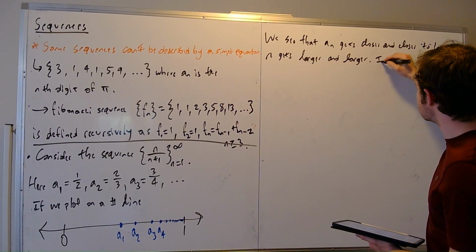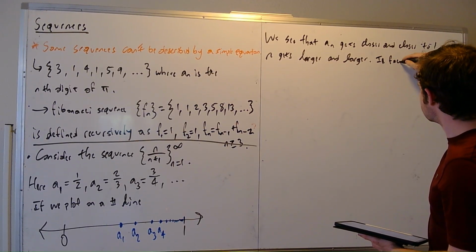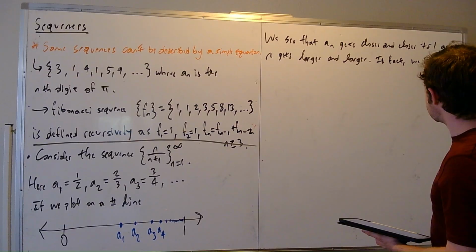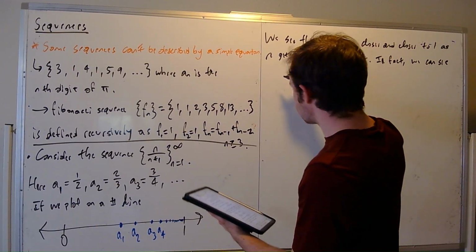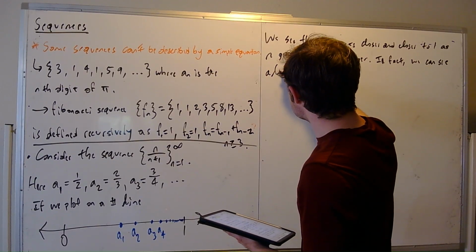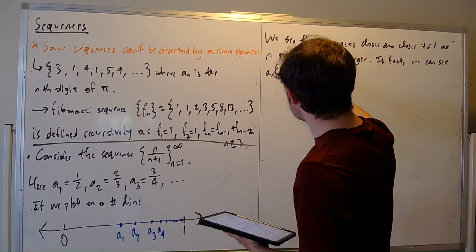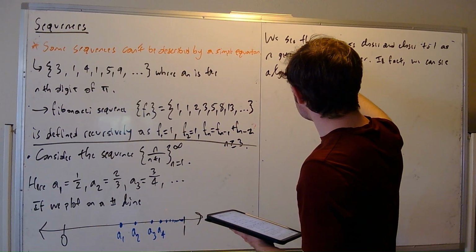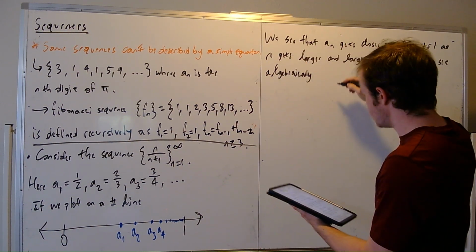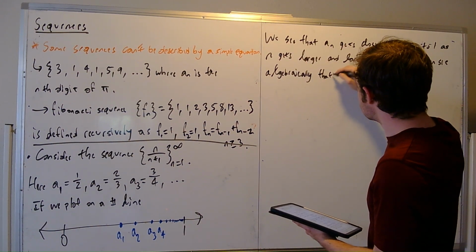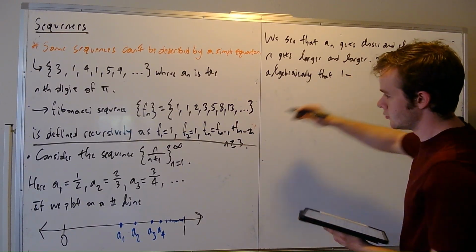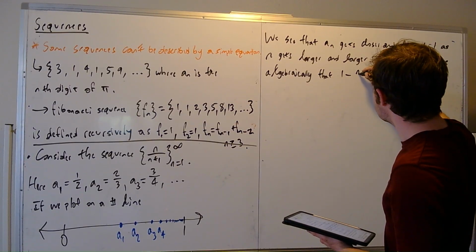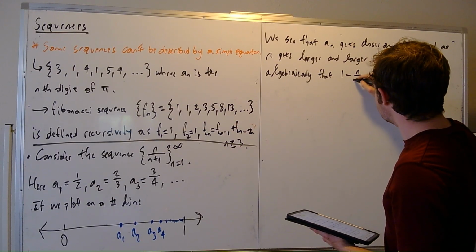In fact, we can see algebraically that 1 minus what we wrote the formula as, so 1 minus n over n plus 1.